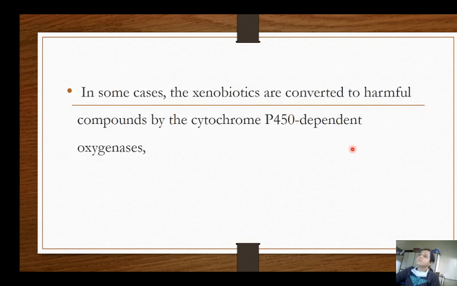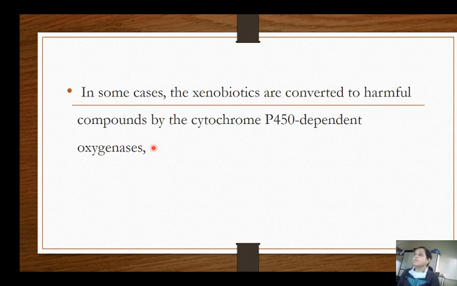Next, in some cases, these xenobiotics are converted to harmful compounds by cytochrome P450 dependent oxygenases. As I already told you, detoxification means a toxic compound is converted to a non-toxic compound, whereas biotransformation means it is a system where the compound is modified. It can be modified to a less toxic one, or sometimes it can become much more toxic than the parent compound.